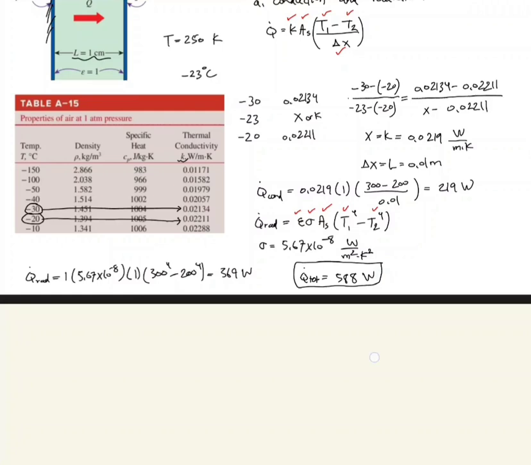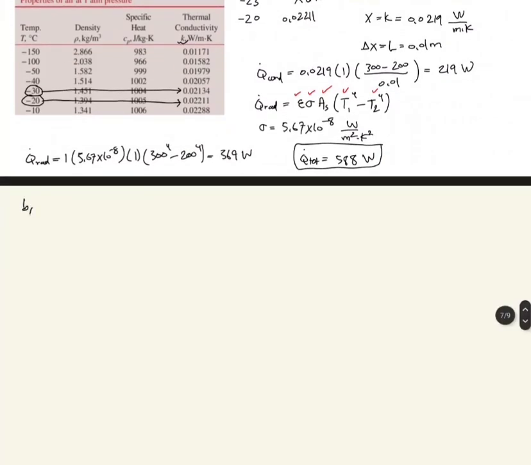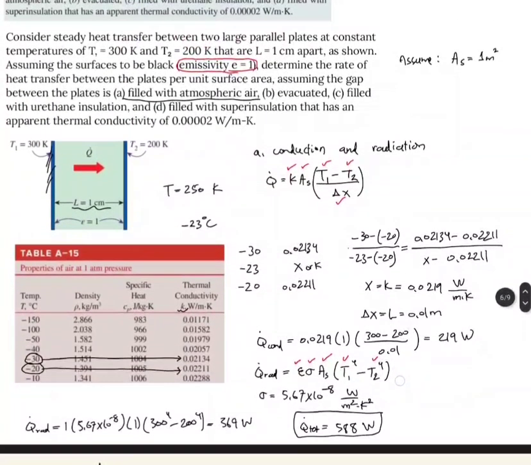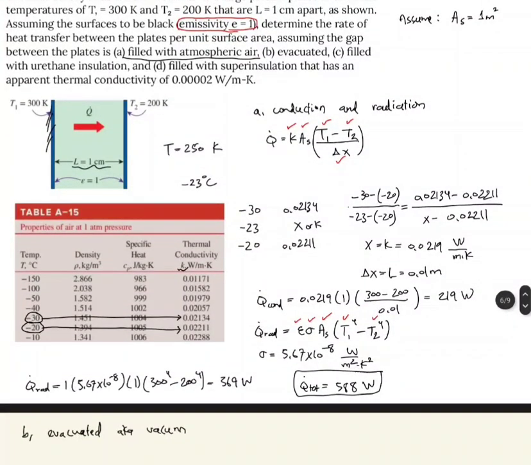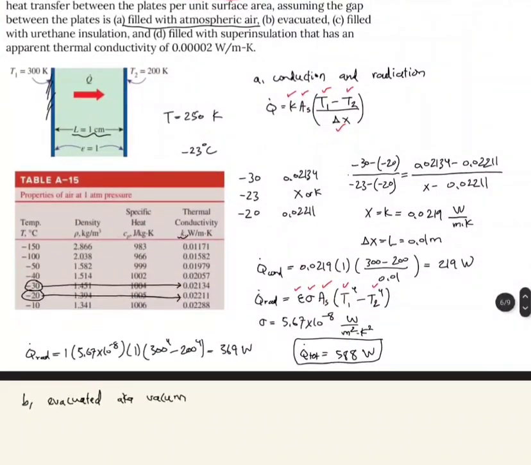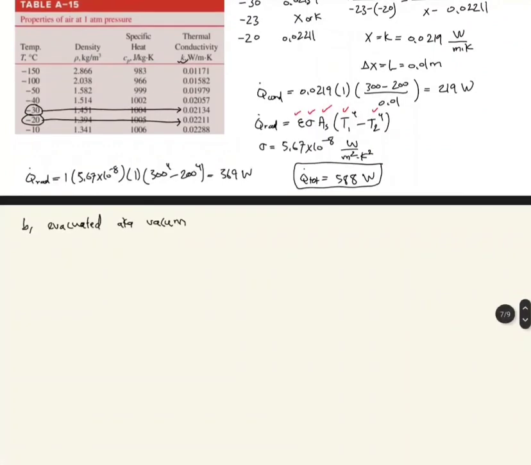Now for the second case, they're saying that if this space is evacuated, aka vacuum, it just means there is no conduction. There's nothing between them. So it's pure radiation, right?